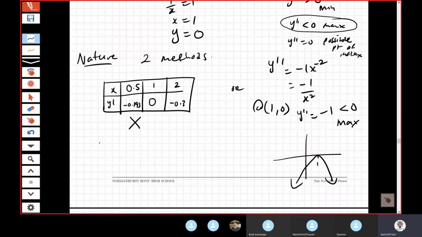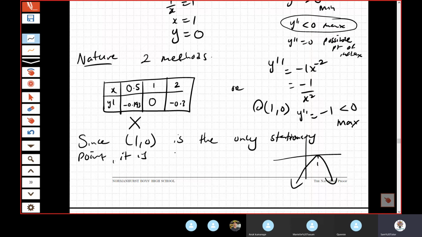Well, what does that mean? So let me write it in a second. So since 1 and 0 is the only stationary point, it is also the only absolute max.